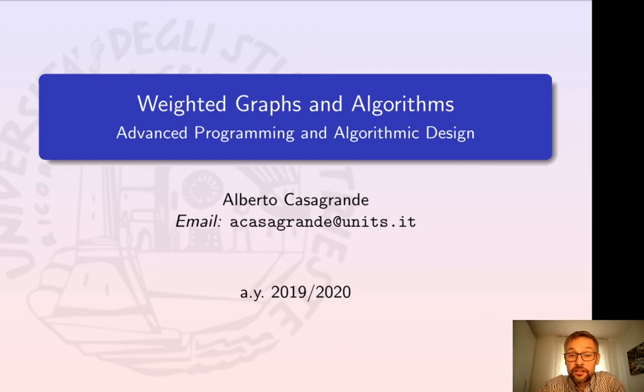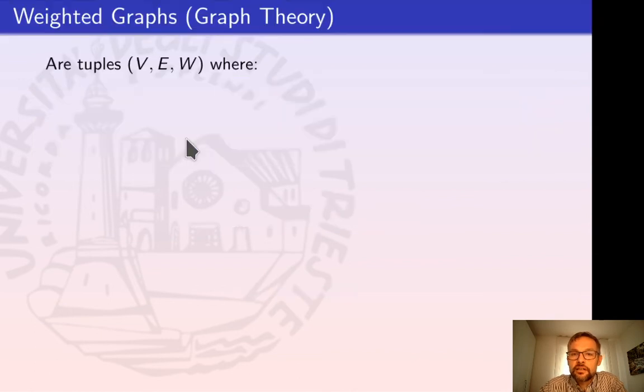So we need a way, as I said, to label the edge, and this can be done by using what is called a weighted graph. So let me move to the slides here. So what's a weighted graph?